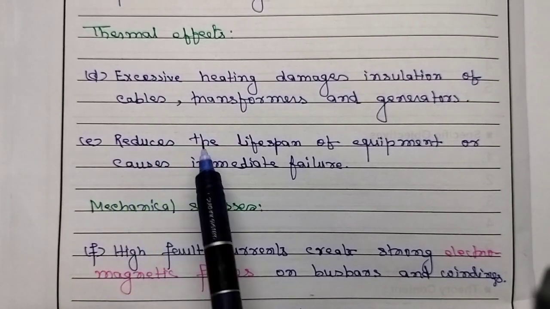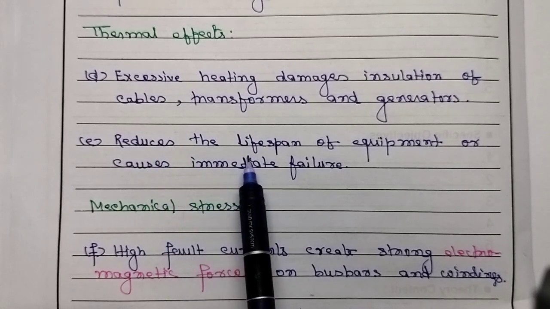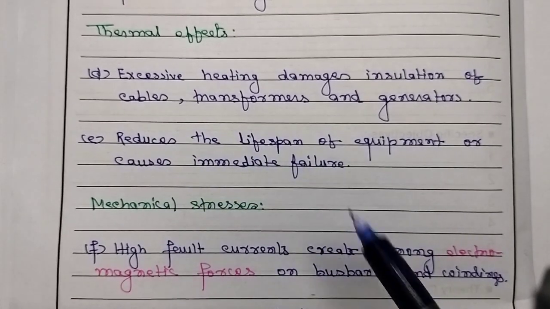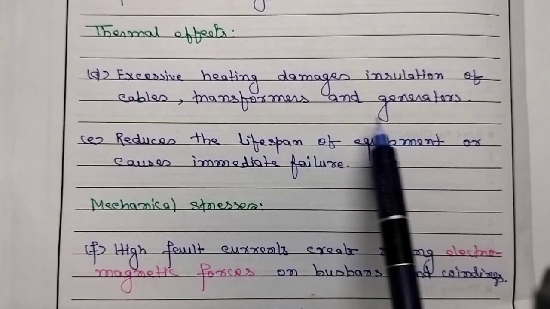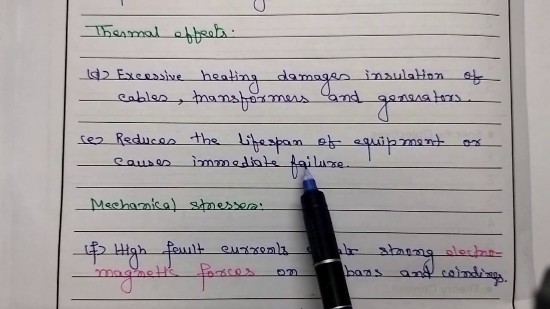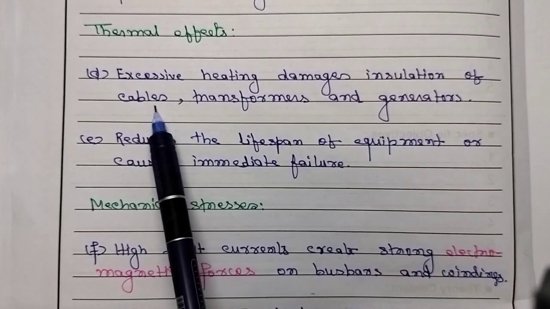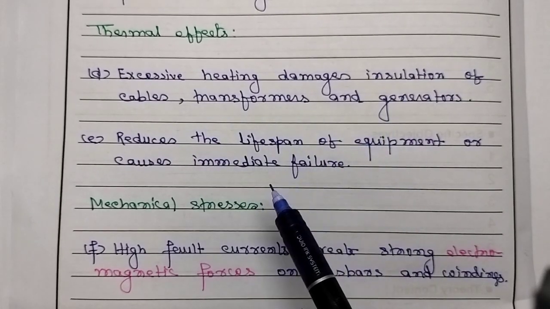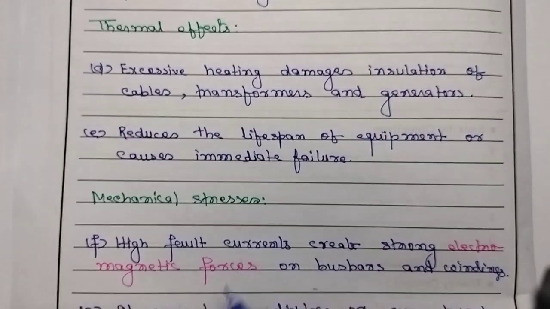Corrosion reduces the lifespan of the equipment or causes immediate failure. The life of equipment like cables, transformers, generators, or insulations gets reduced. Many different types of systems will get damaged.